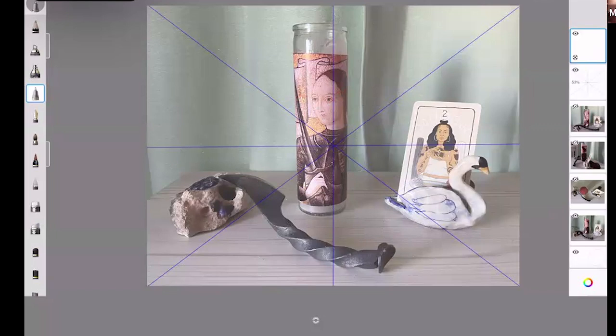Okay, so now we have a little bit of an idea about things that create energy. Again, we have diagonals that create energy, and we have curves, those create energy.